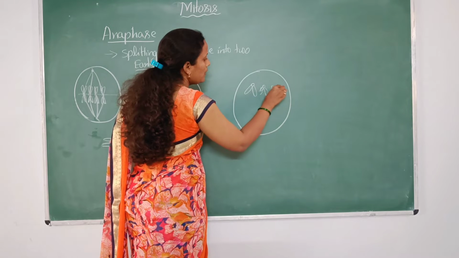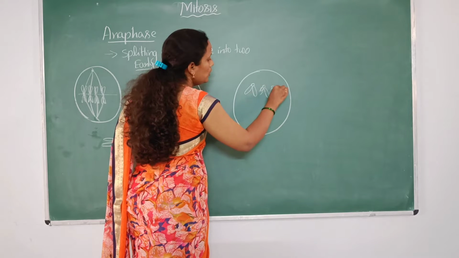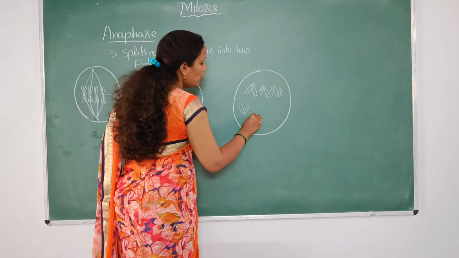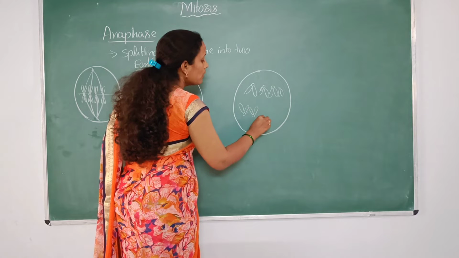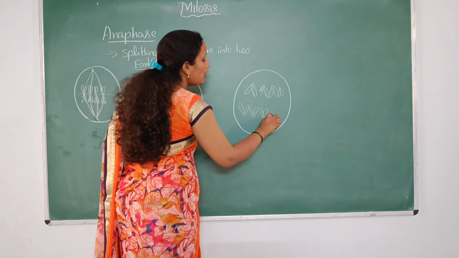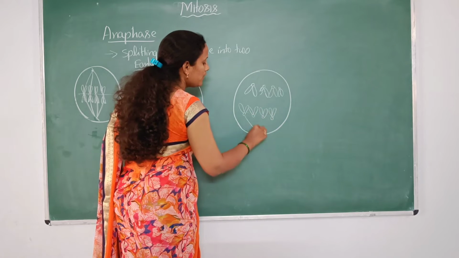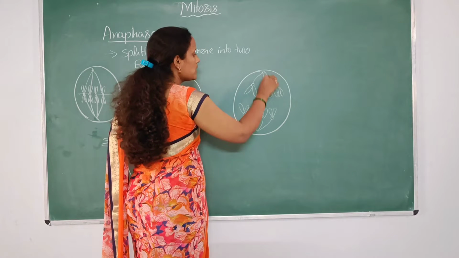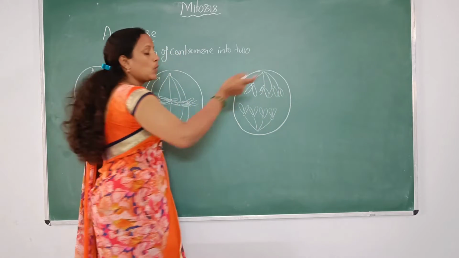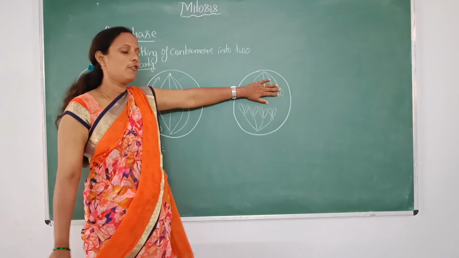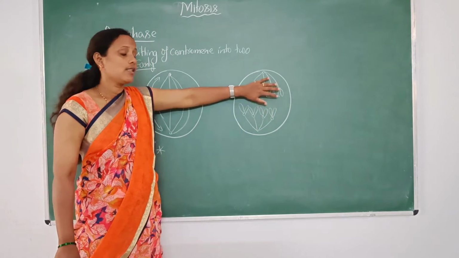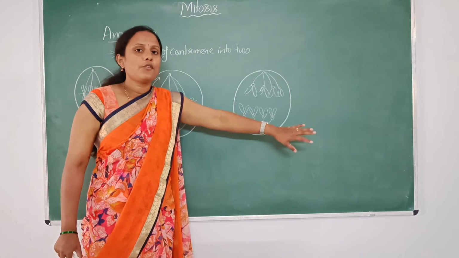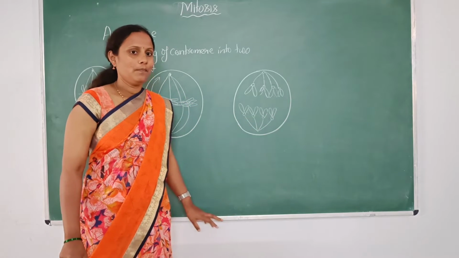They started moving towards the opposite poles like this. And remember, these are the chromosomes of the future daughter cells. In future, there will be formation of two daughter cells, right? And in these two daughter cells, this is the 4 set of chromosomes, the 4 chromosomes in one cell, and these are the 4 chromosomes in another cell.